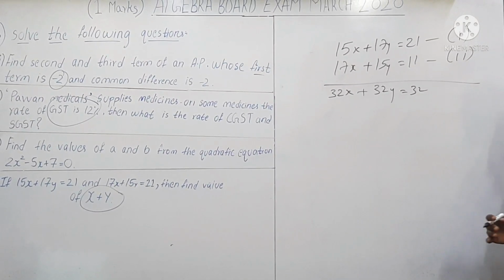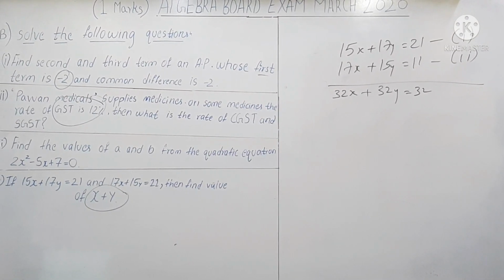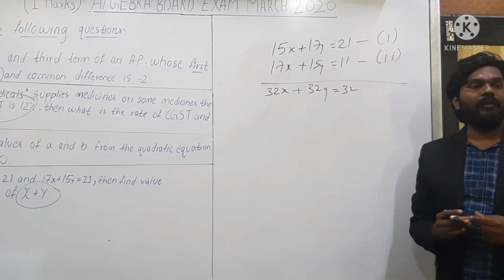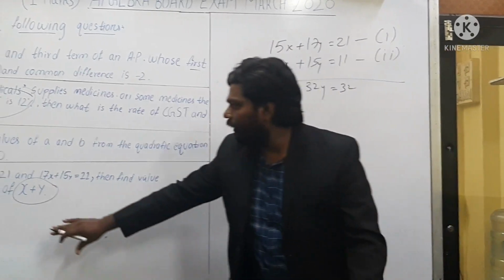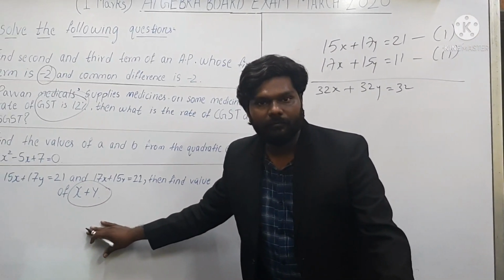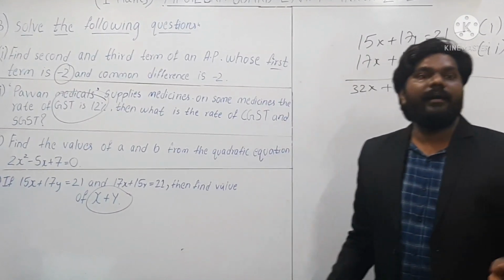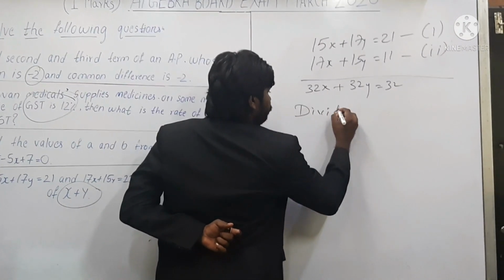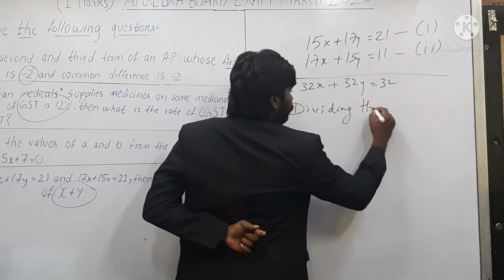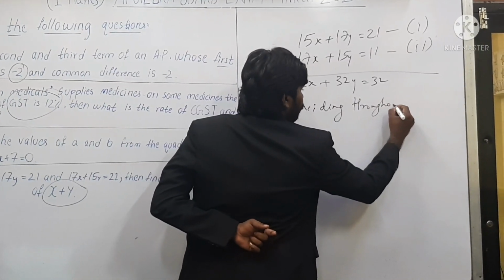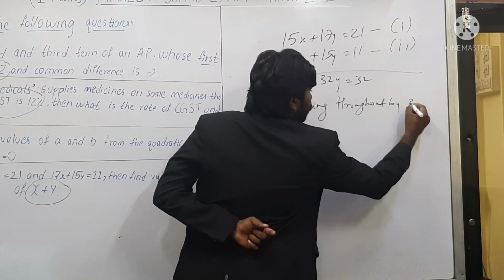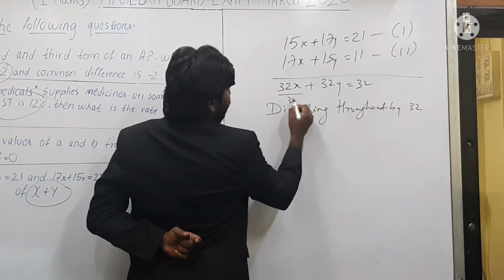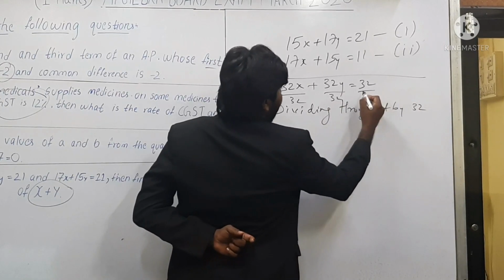Now see, 32x plus 32y is equal to 32. Now what do I do? Dividing throughout by 32, because they have asked the value of x plus y, right? So dividing throughout by 32, this will be divided by 32, this will be divided by 32, this will be divided by 32.